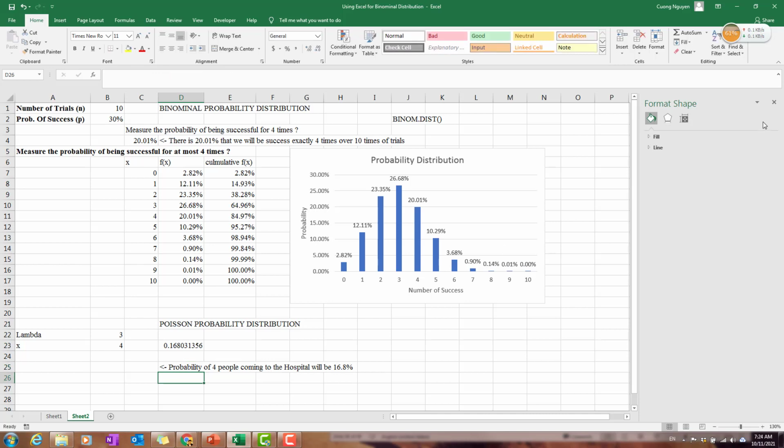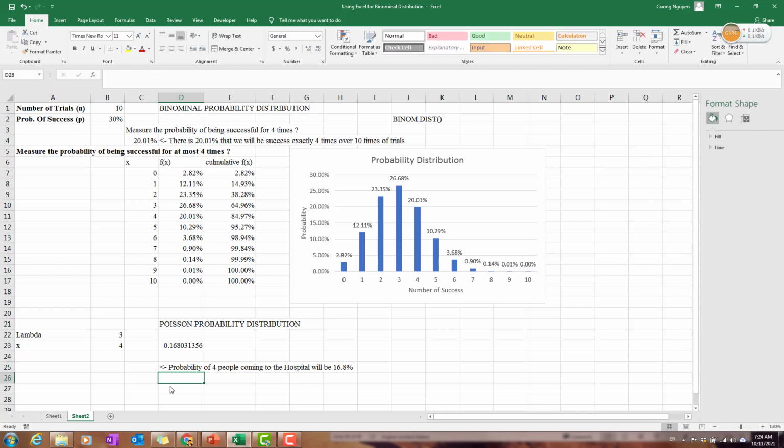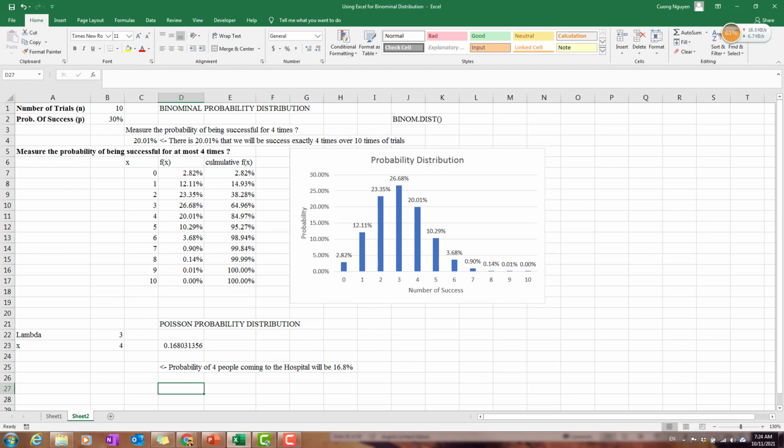Okay, and in the same way you can do it with the binomial probability distribution. But I am pretty sure that the binomial distribution and the Poisson distribution are quite the same in terms of measurement.